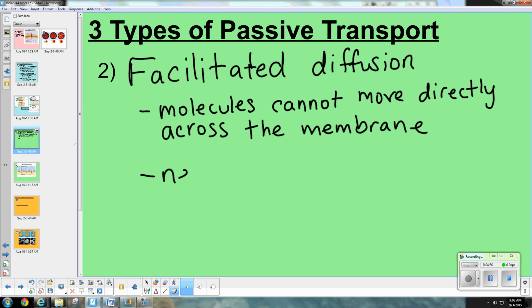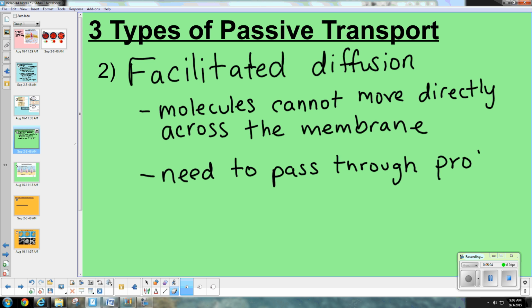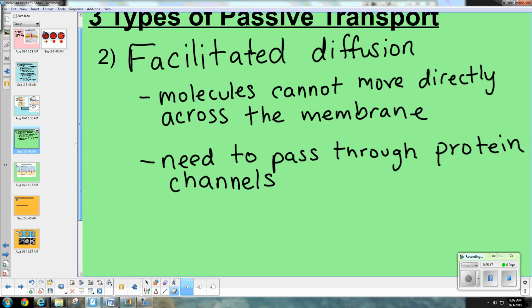And so they need to pass through special protein channels. And their helpers are these protein channels, and that's why it's called facilitated, because facilitated, like I said, means helper. And so these protein channels only allow certain particles or certain molecules to pass.